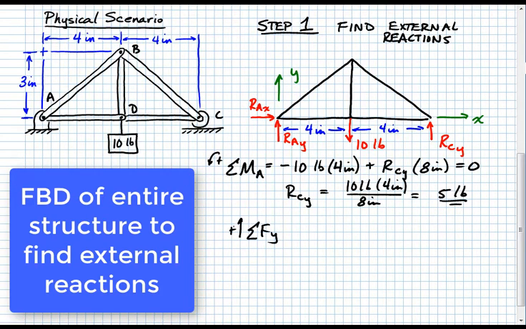We'll take upward to be positive, and there we'll have 5 pounds due to the reaction at C, 10 pounds due to the force applied at joint D, and then another RAY applied upward at A. All that is equal to 0, and based on that, we can calculate that RAY must equal 5 pounds also. Again, in this particular instance, that's probably something you could have gotten easily, but I figured I'd go through the process anyway.